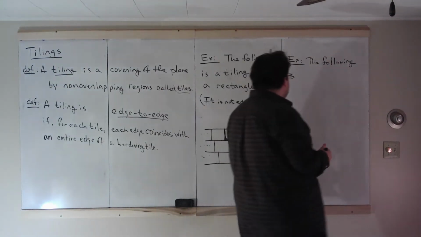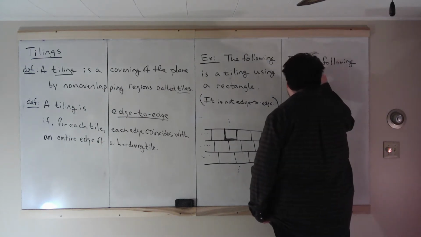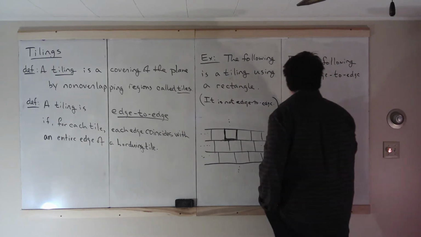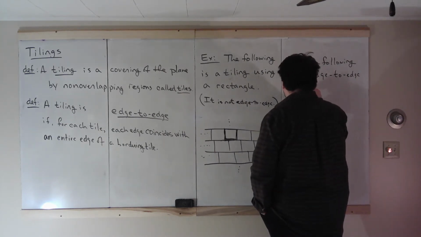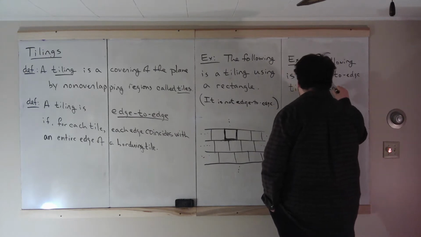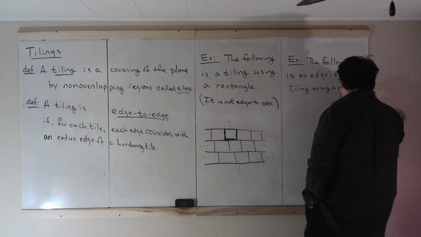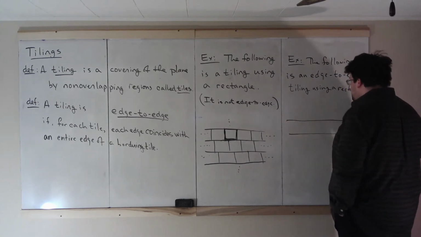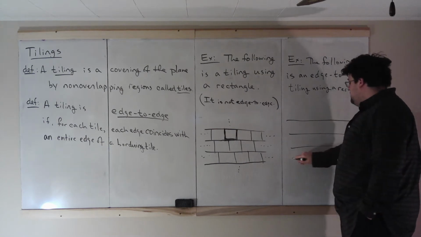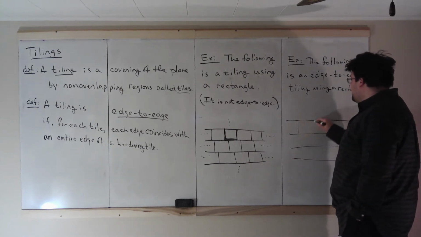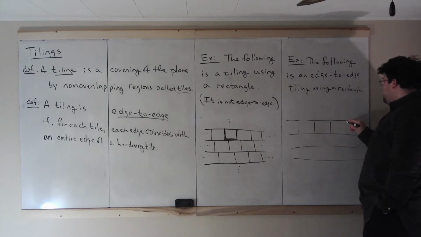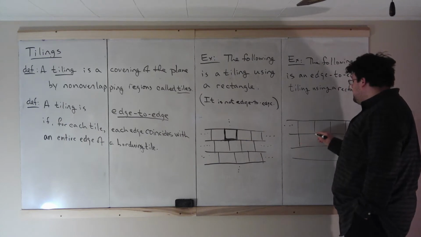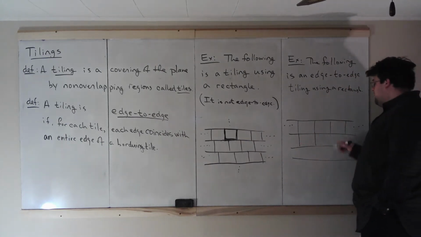And this next example, we'll do an edge-to-edge tiling. So the following is an edge-to-edge tiling using a rectangle. Again, I'm going to break down two-dimensional space into these strips. And then we're going to put a rectangle here, put a rectangle there, keep going, and then in the next strip underneath, put the rectangle immediately under that one.